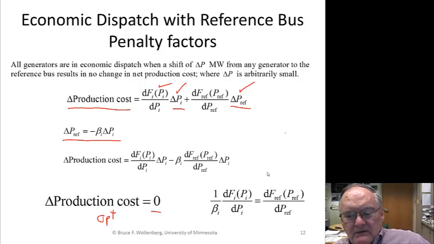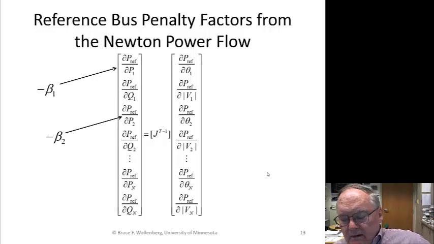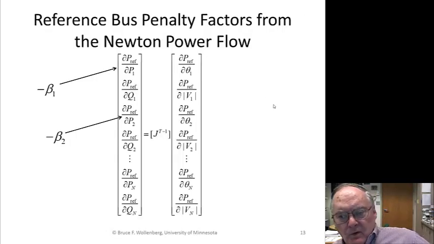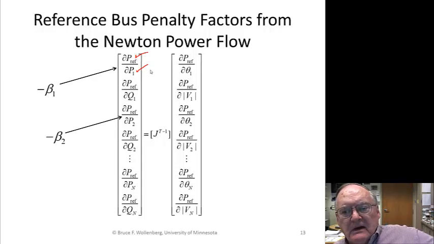All right. Well, if that's the case, then I can always calculate these, and now I have this penalty factor out here is 1 over beta sub i. We get those beta sub i's. They are actually, remember, the change in the P ref with respect to delta Pi, and we build a vector of all those quantities, and notice that I've interspersed it with the dP ref dQ, because I'm writing this for the whole AC power flow.